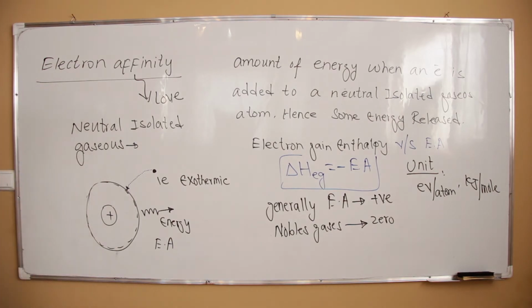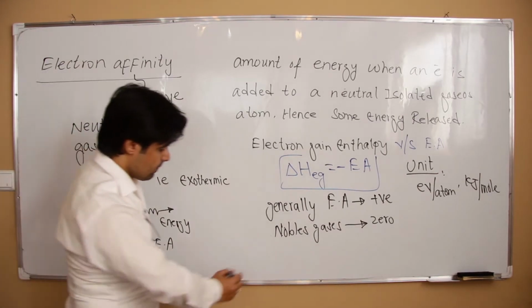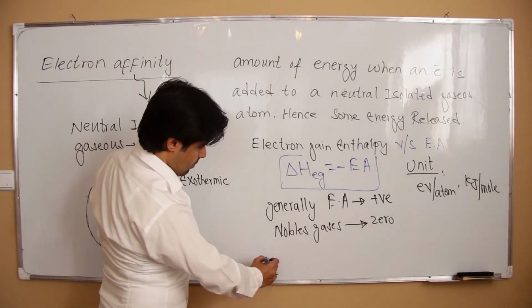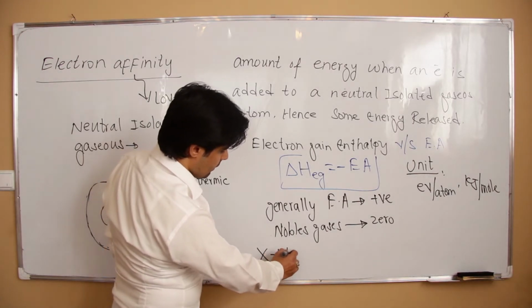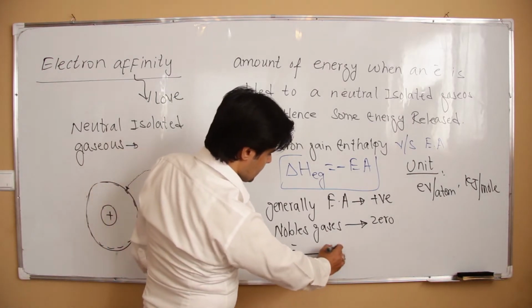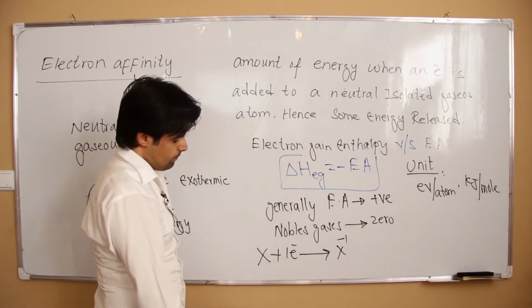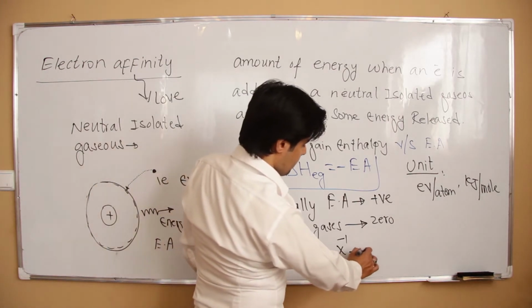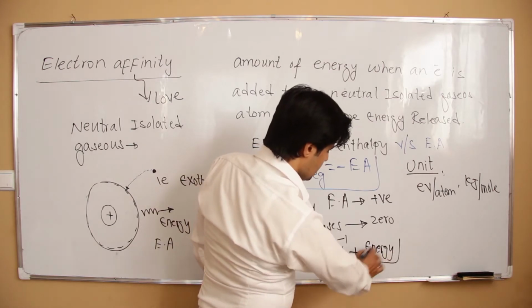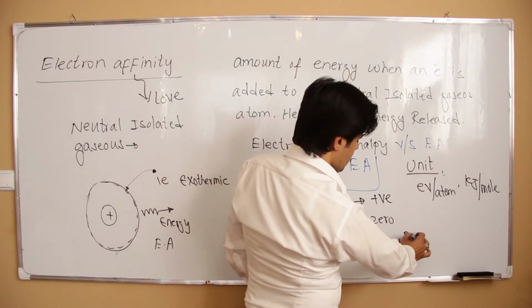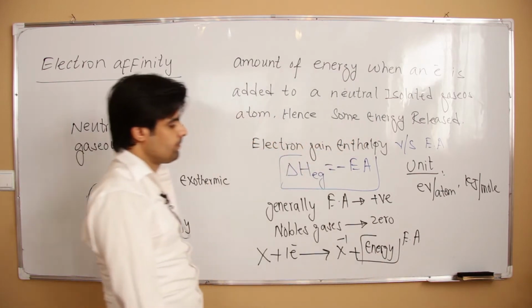By the way, take this note. If I write an example, we have an atom by the name of X. We are giving one electron. This X becomes X minus, and some energy is released. This energy is called electron affinity.